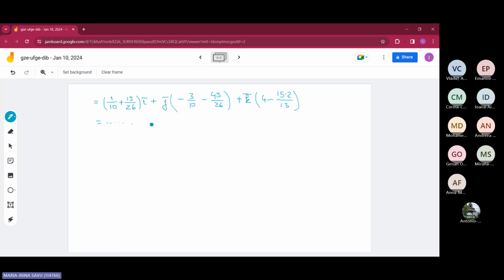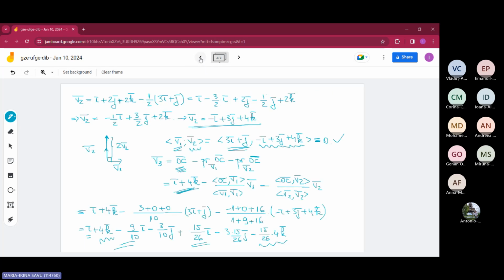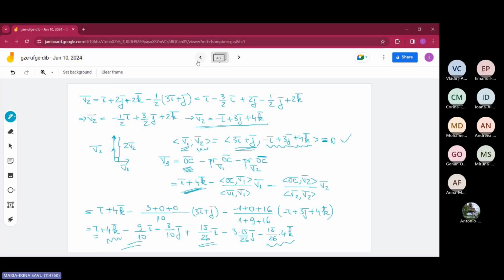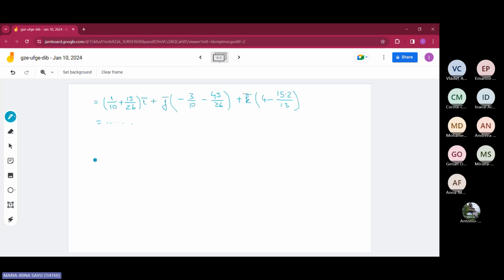And after you find the final vector, you will have to find the norm of each v and divide v by its norm. So for v1, you will obtain another vector w1, which is 1 over the norm of v1 times v1.